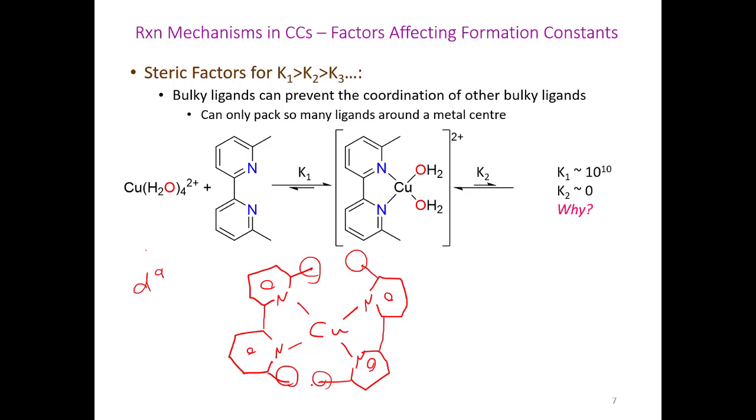We show them only as lines, but there's actually hydrogens coming off of them. And to illustrate that point, if I draw in all these hydrogens, you can see there's going to be a lot of steric strain generated by these methyl groups because they're pointing directly at each other. So because of this steric strain, the second ligand substitution generally will not occur, and it has a stepwise formation constant of 0. So you can only fit one of them on there.